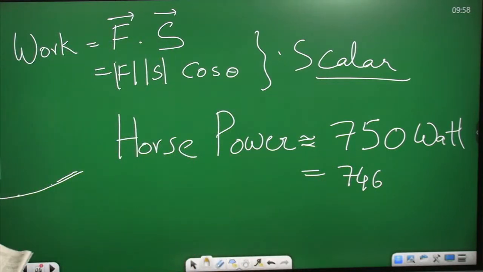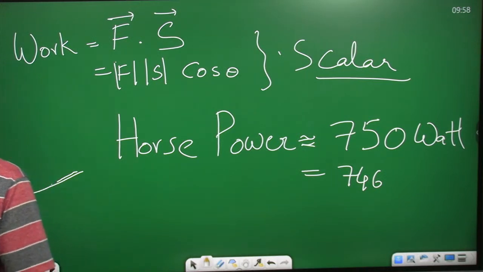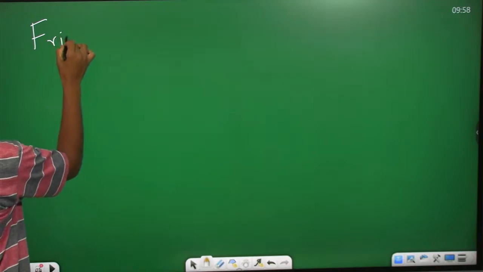So it's a unit of power. Now let us try to get back to mechanics. Mr. Kamal, please try to make your formula revision by checking whether you are getting it right or wrong. So let us get back to friction, the part of mechanics.